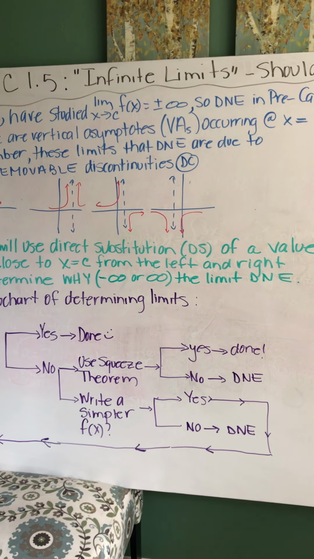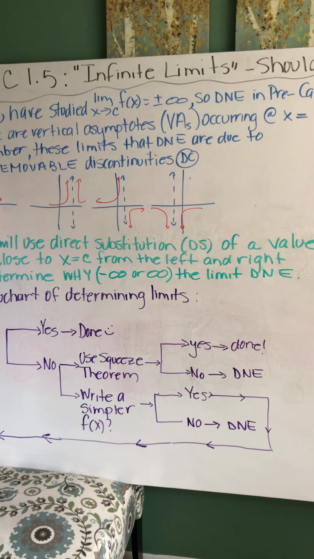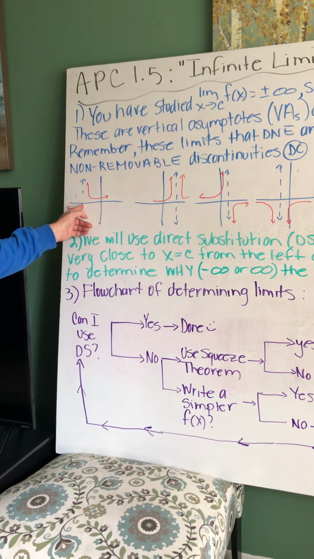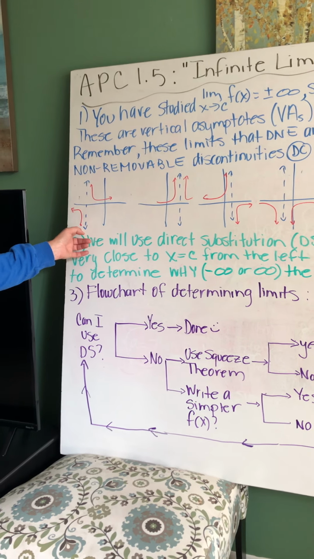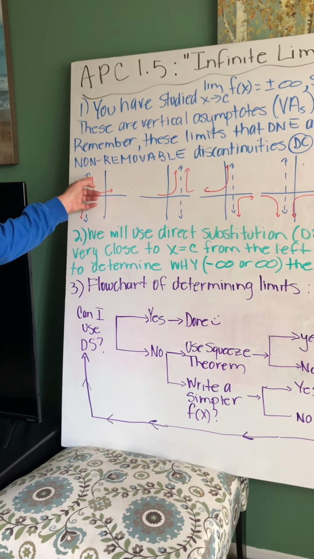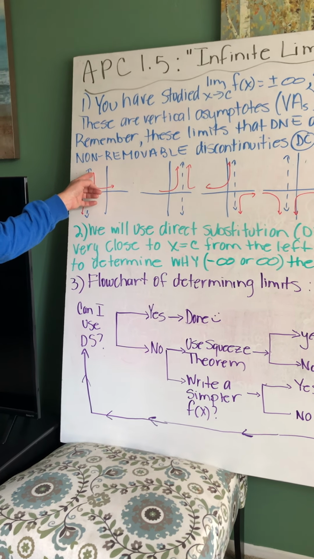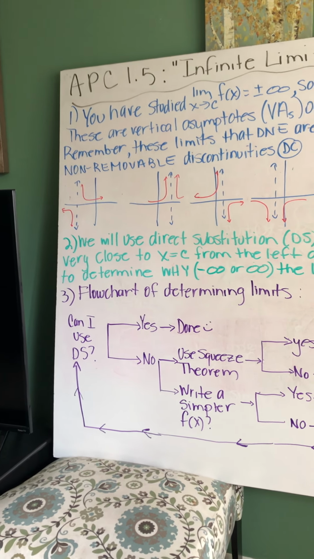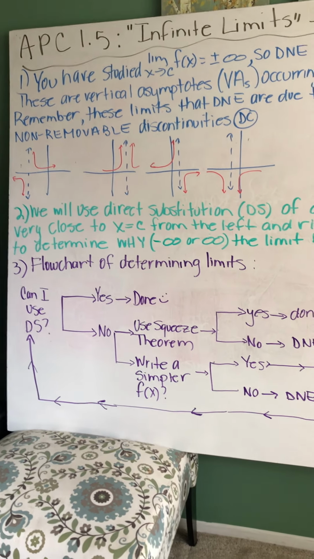Well, now in calculus speak, we're just saying right here where this vertical asymptote is, that to the left of this x, the graph is approaching negative infinity, and to the right, it's approaching positive infinity, and so there is no limit. We called it a vertical asymptote before, now we're calling them limits.